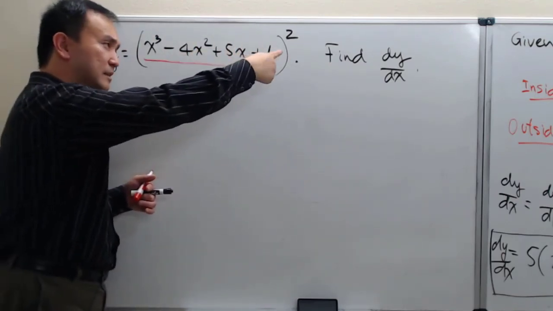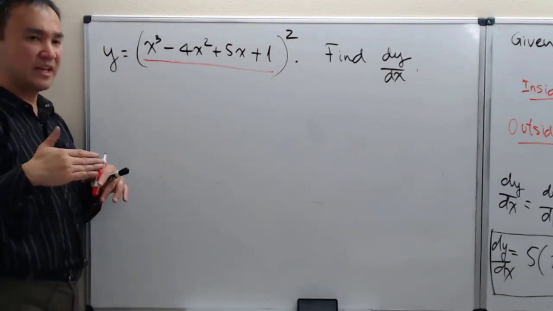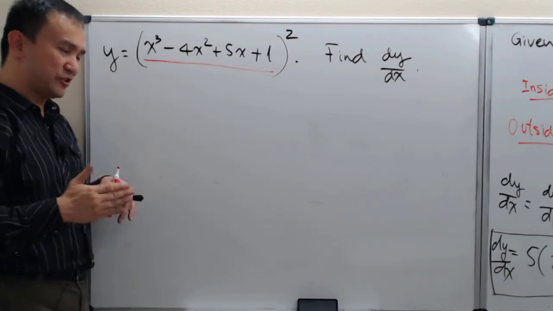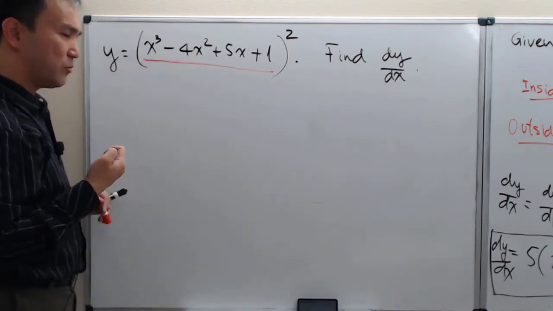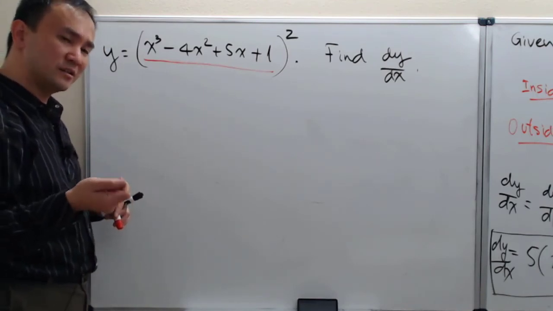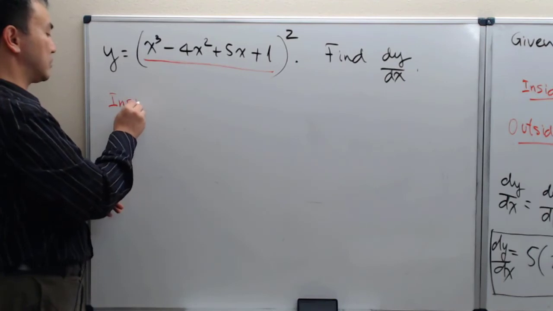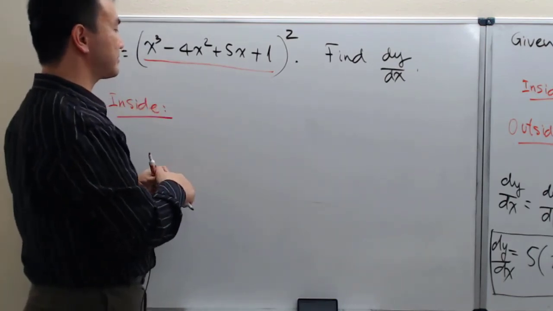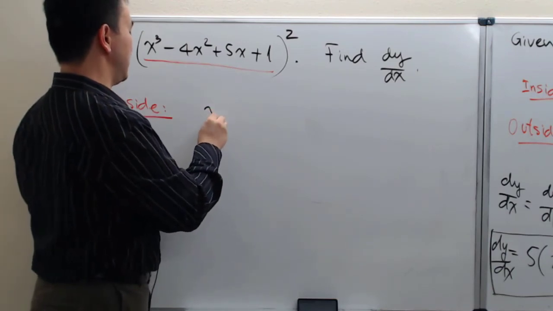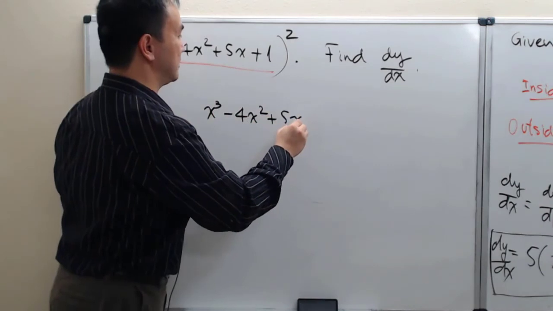Inside the parentheses and being raised to a power. But trust me, I will have another later part of our video lecture to point out some way to guarantee you choose a good inside function. So the inside expression, the inside function, is all that x cubed minus 4x squared plus 5x plus 1.